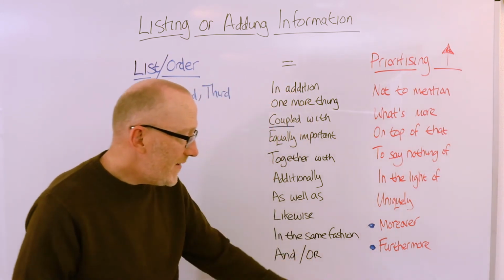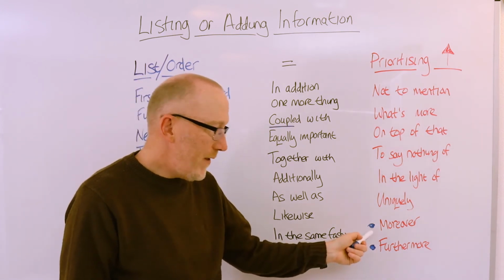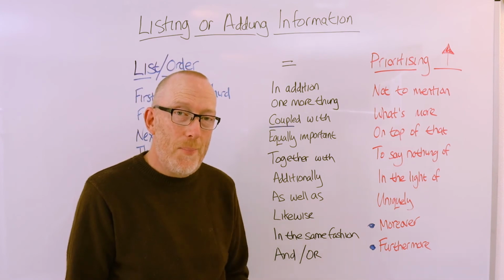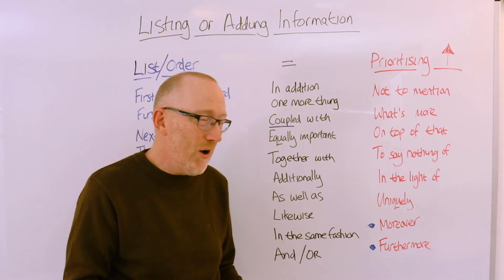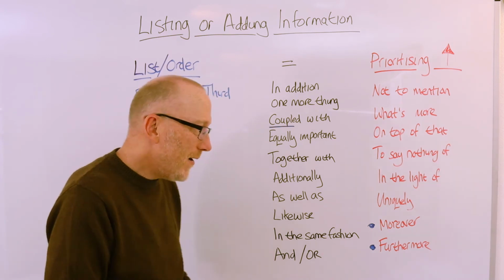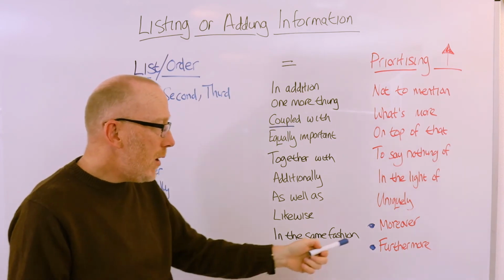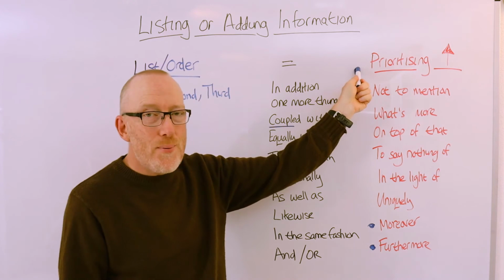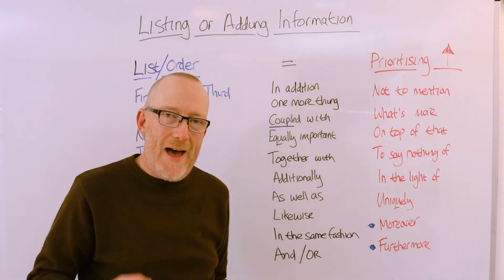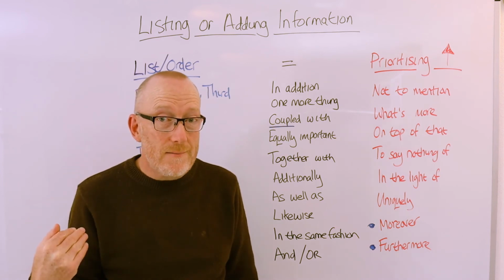And the reason I have included them is because I know a lot of you guys know these two linking words, but I was curious to know whether you really know what they mean. Because yes, they are used to list or add information, but were you aware that when you use moreover and furthermore, you're really prioritizing that extra information over and above anything else?